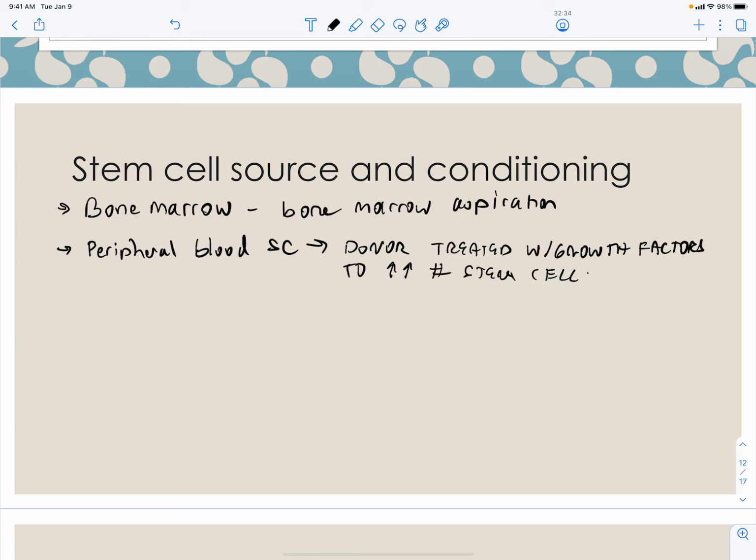And then the stem cells are simply removed from the blood and collected.